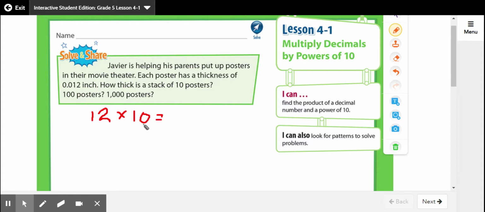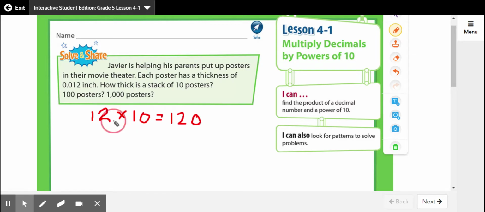So 12 times 10, if you remember from last topic, I just add a zero on the end. So it'd be 120 inches thick. But that is really not realistic because the piece of paper is very thin. It's not 12 inches thick.